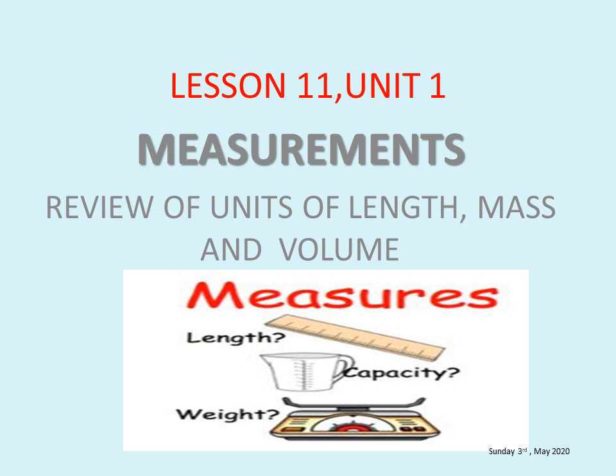And then the second one is mass, and that's the one we were measuring how heavy or light. And the third one is volume. That's what's the quantity, what's the capacity. So when we're talking about measurements in this lesson, we'll be looking at three things: measurements of length, measurements of mass, and measurements of volume.